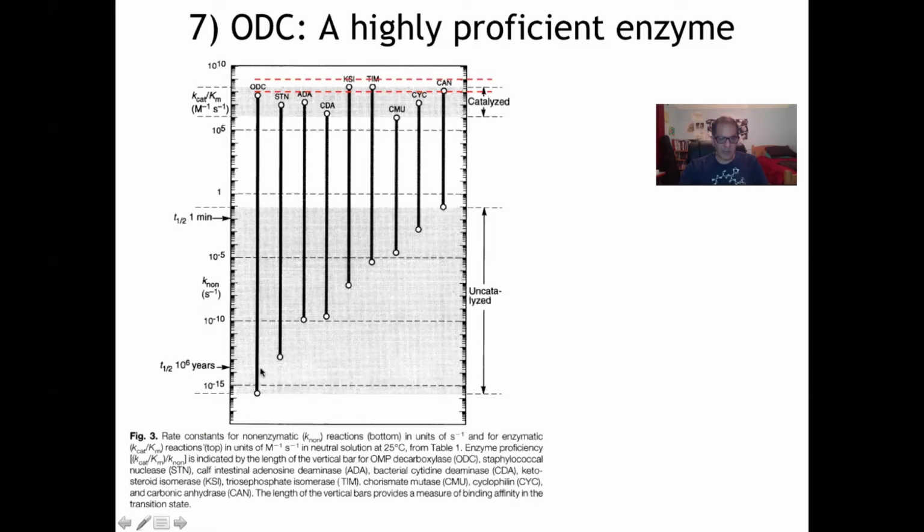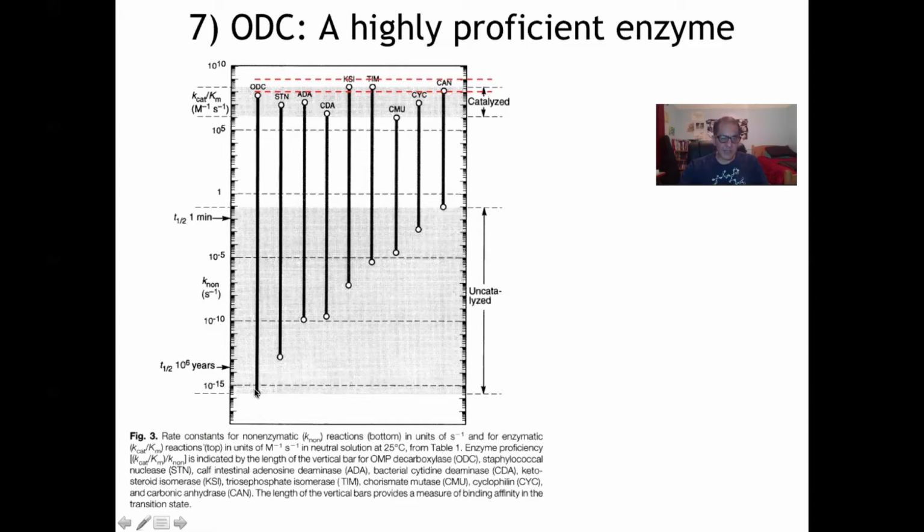They're reactions that in the absence of a catalyst occur at an extremely slow rate, right? And so the Knon for OMP decarboxylase is something like 10 to the minus 16th per second.